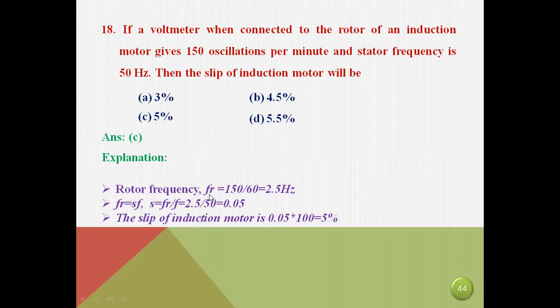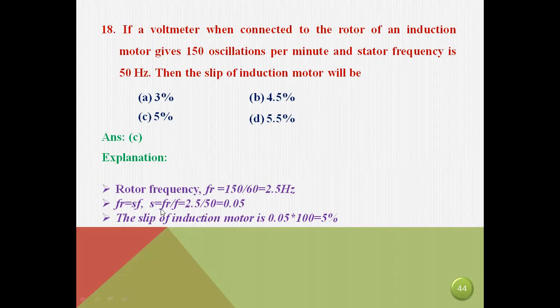So what is frequency? Reciprocal of time. They have given the time, so you can take 1 minute as 60 seconds, because we are calculating the frequency and we need the time in seconds. So oscillations per minute, 150 upon 60, gives 2.5 hertz.